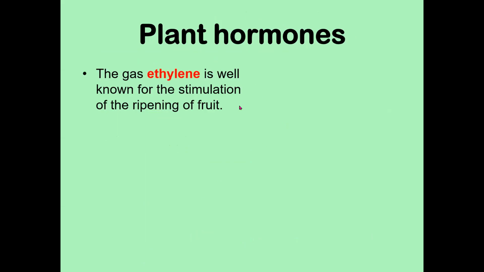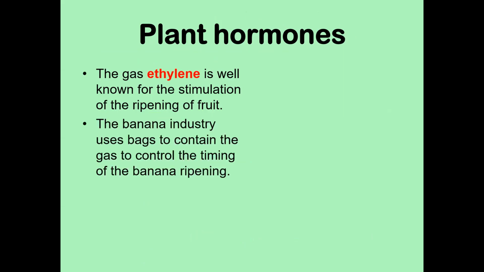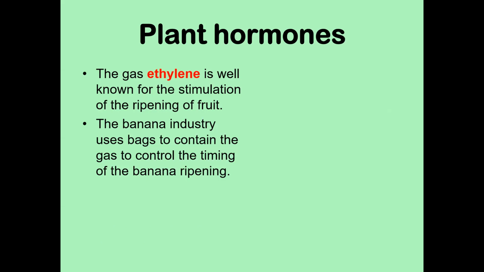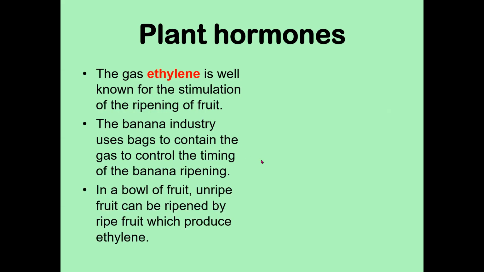And the ethylene is very well known for the stimulation of the ripening of fruit. So in the banana industry, where's my banana picture? I think the banana industry uses plastic bags to contain the gas, and so they can control the timing of the banana ripening.